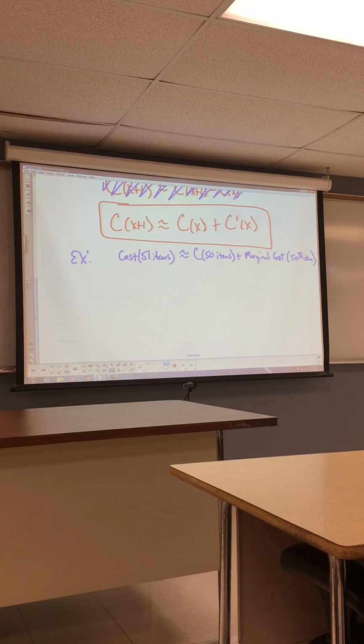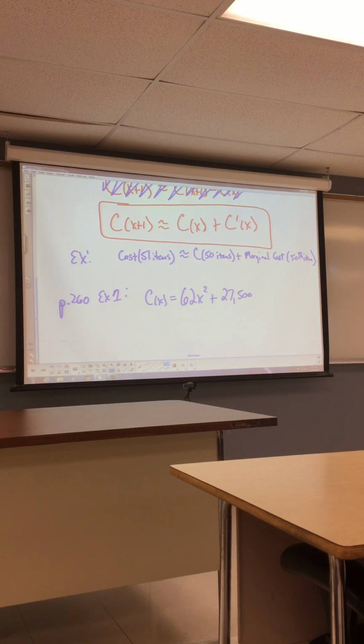There's an example in your book on page 260, example number 1. It says we have a cost function, C of x, that's equal to 62x squared plus 27,500.